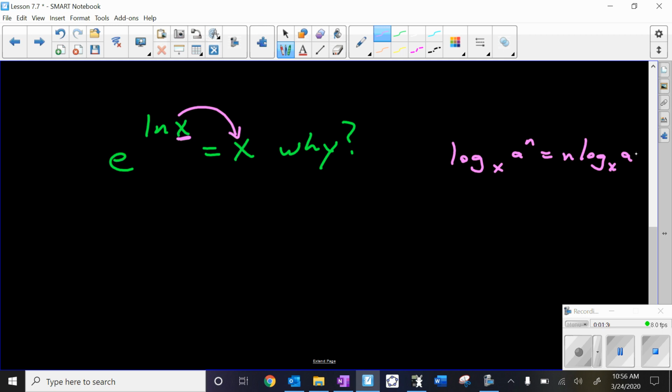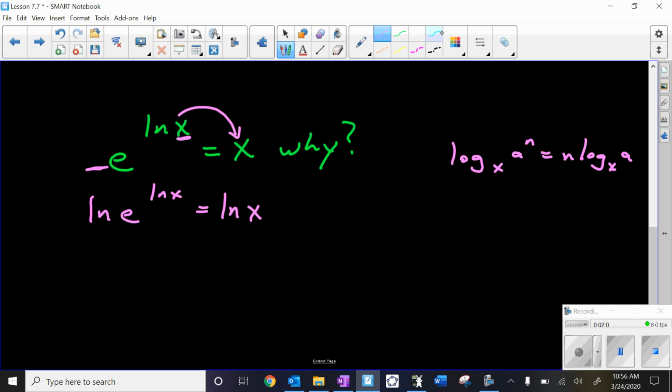So I'm going to take a natural log on both sides, giving me natural log of e to the natural log of x equals, since I put a natural log in front, I have to put a natural log on the right side. So equals natural log of x.